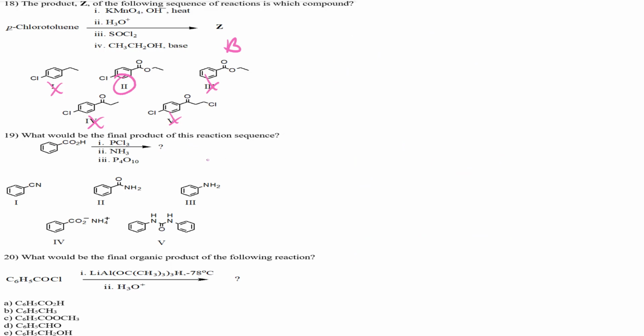Now, number 19 is one of those questions where you basically have to recognize the reagents that you have, okay? So first of all, we have a carboxylic acid. And we're going to be reacting it with PCl3. And all PCl3 does is that it removes the alcohol and replaces it with a chlorine.